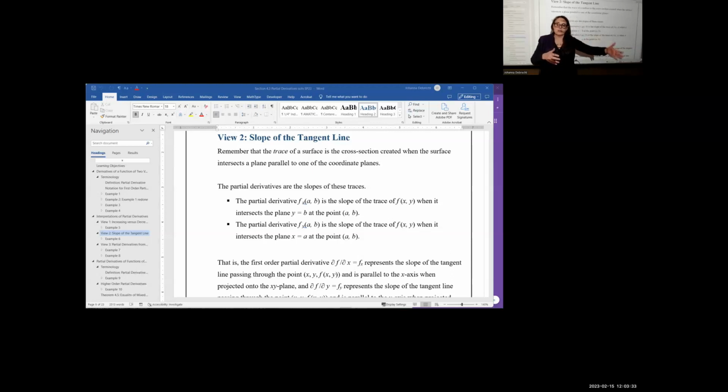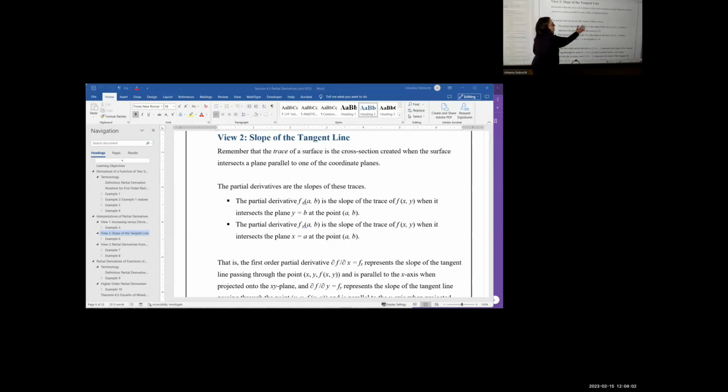So as x was increasing, going from 1 to 2 to 3, etc., was the z value going up or down, right? And the same with the y variable. And today, what we want to talk about, what we talked about at the end of class yesterday, is the slope of the tangent line. Now, I want to go back through this a little bit more carefully because this is something that we're going to use quite a bit in this class. So I want to make sure you understand it.